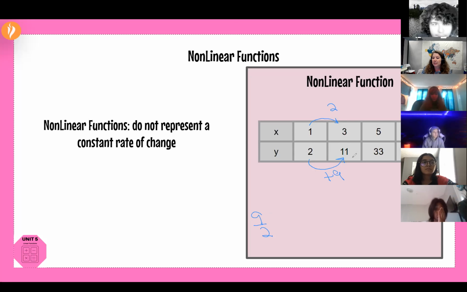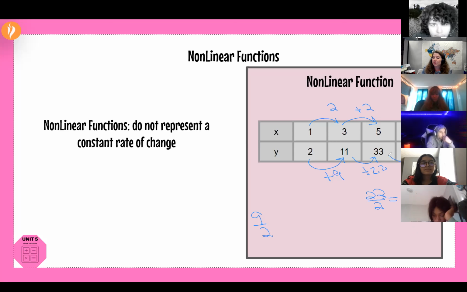All right, when we go to the next 2 points, if I want to see the difference between 33 and 11, 33 minus 11 is 22. So here there's a change of 22 over what? Yep, 2. So here I'm showing my change is 22/2 or 11/1, right?